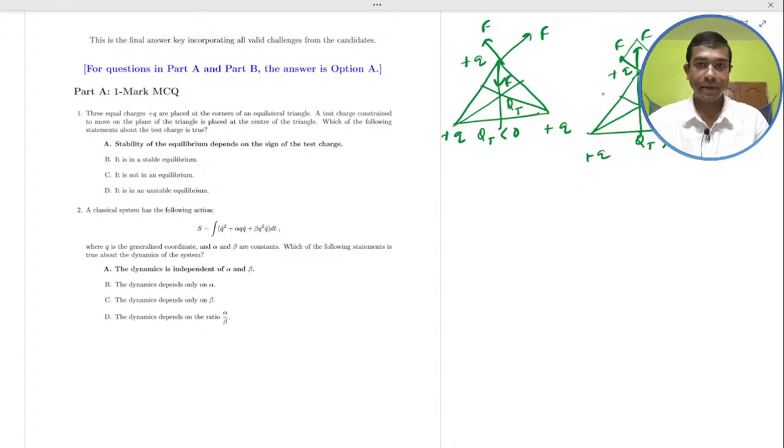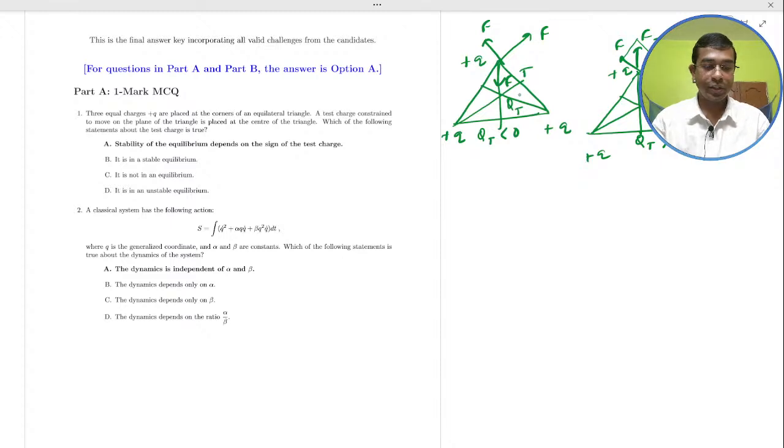So let F be the force on the plus Q charge due to the other charges, and Ft be the resultant force due to the test charge Qt.